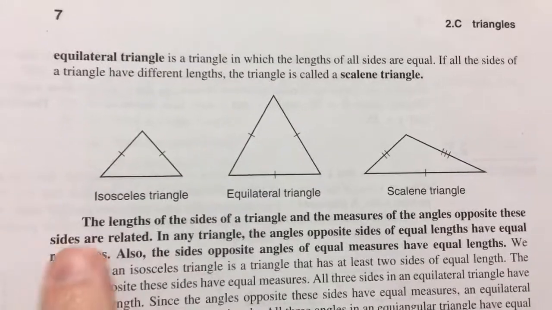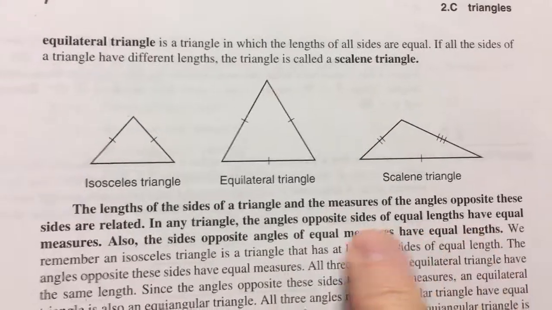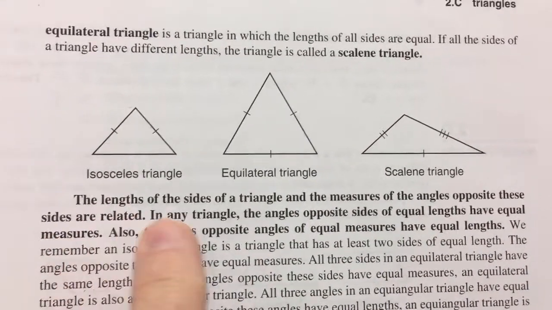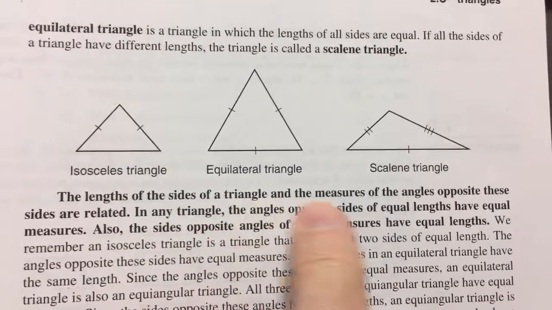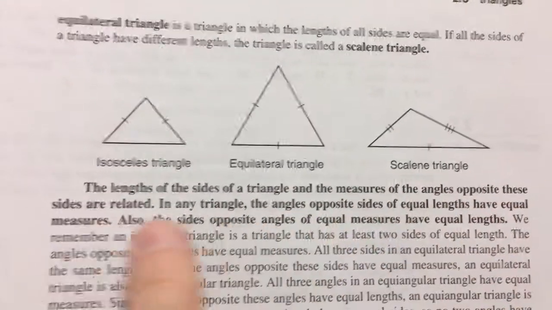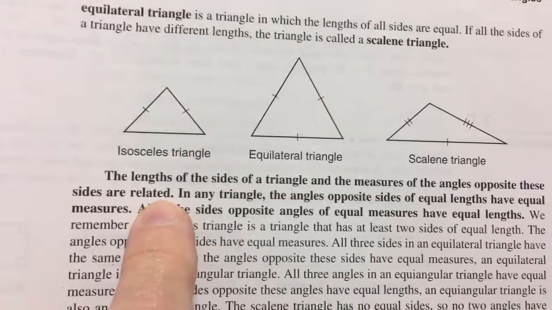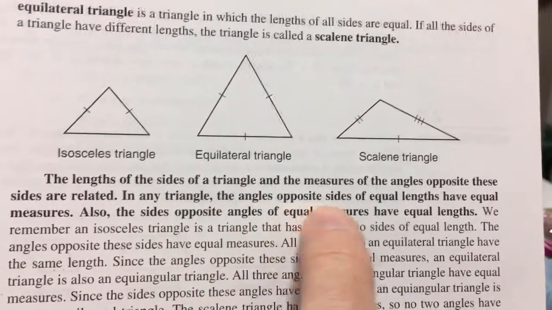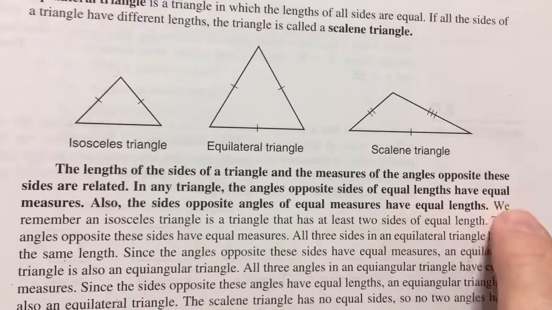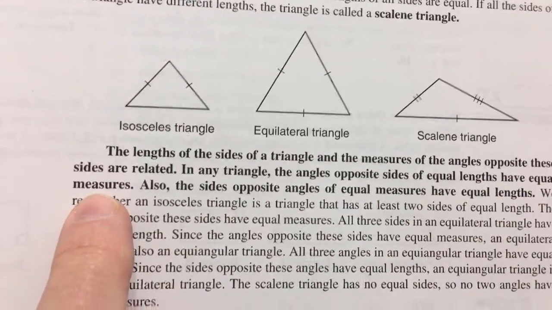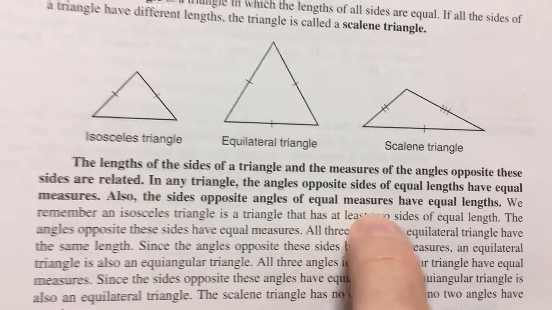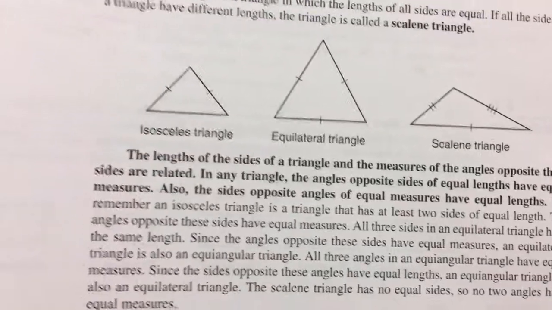Now look at this rule. It's all in bold. You always want to read everything that's in bold in your Saxon book. The lengths of the sides of a triangle and the measures of the angles opposite these sides are related. In any triangle, the angles opposite sides of equal lengths have equal measures. Also, the sides opposite angles of equal measures have equal lengths.